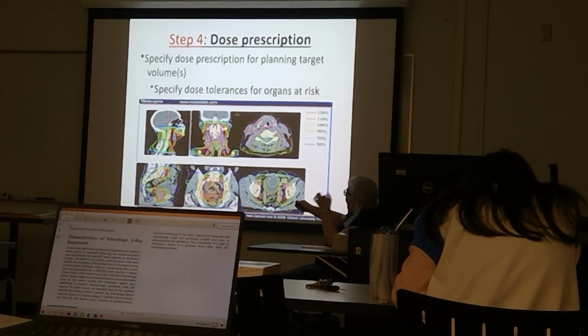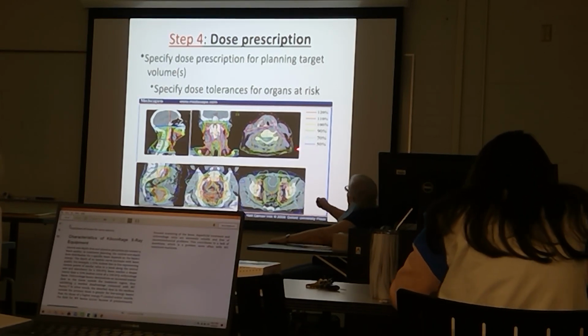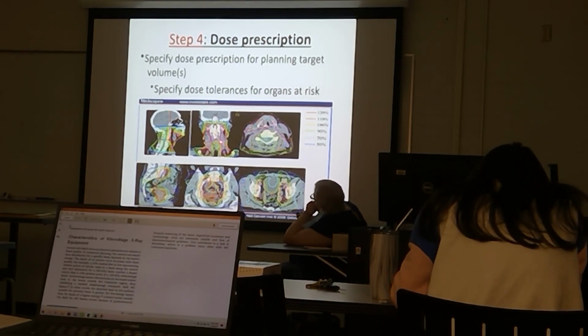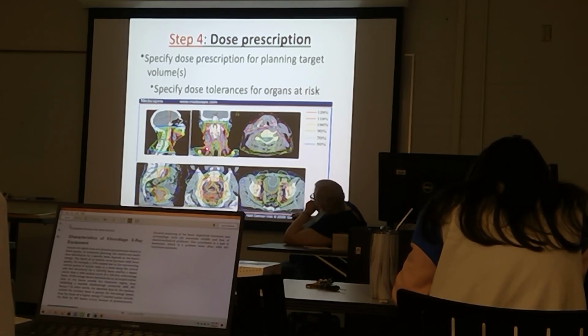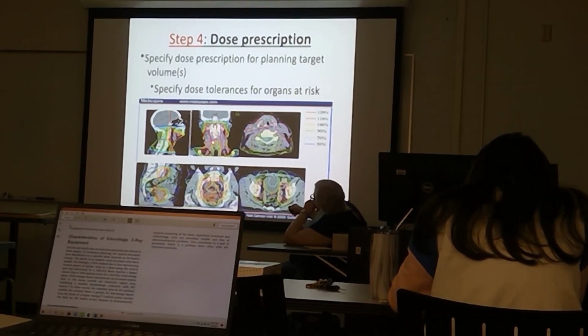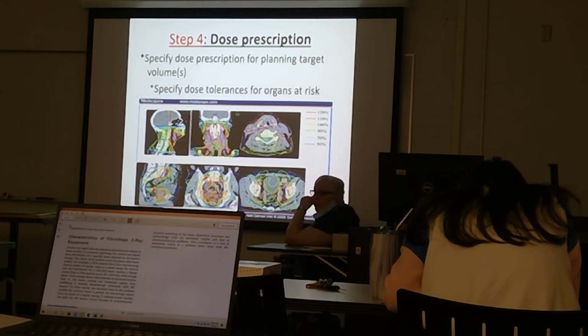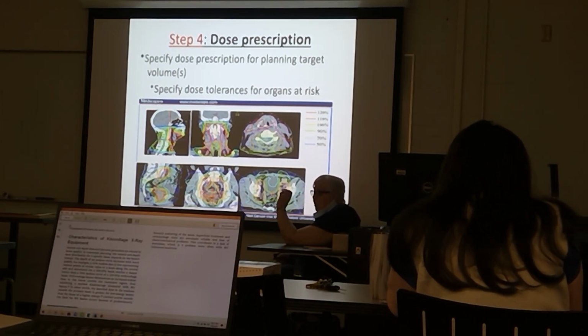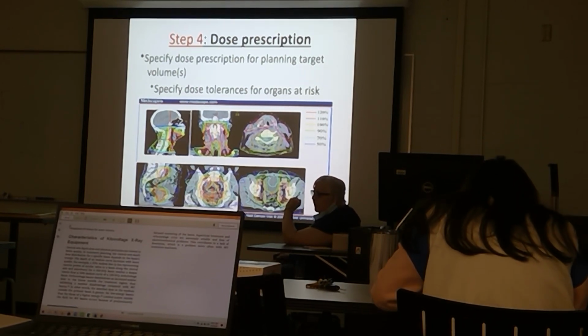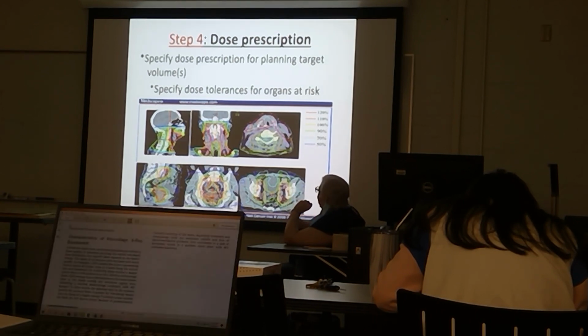Here is far too big. Anything inside this yellow is 100%. Now normally we'd have hot spots, which would be 110, maybe 120, but very rarely.